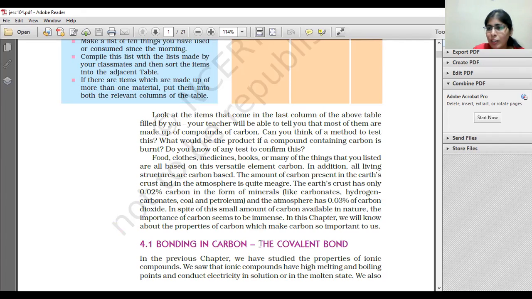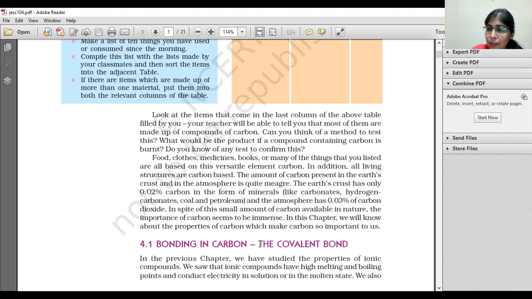We take carbon dioxide from the environment. So what is carbon dioxide? It's a compound of carbon, CO2. Carbon is present in carbonates, in hydrogen carbonates, in the form of coal, petroleum and food. So most things are based on carbon. And in the atmosphere, there is only 0.03% of carbon.